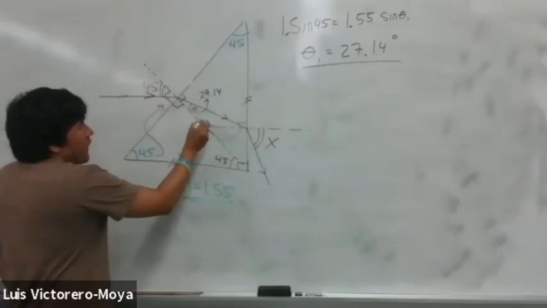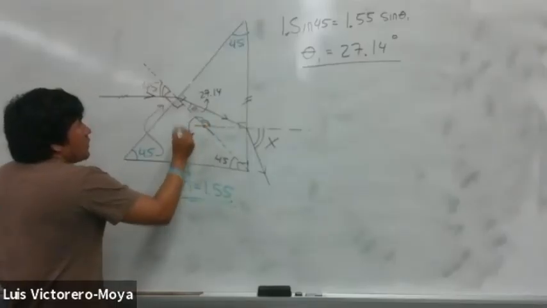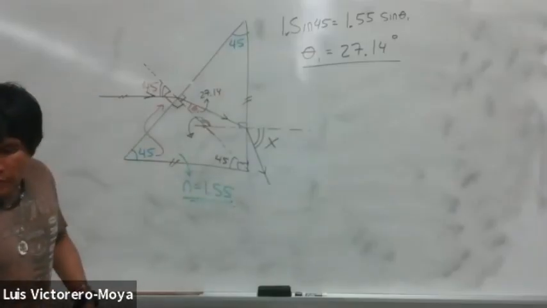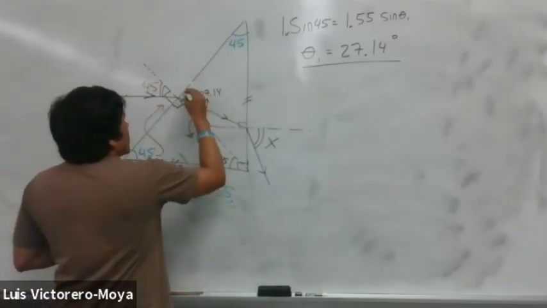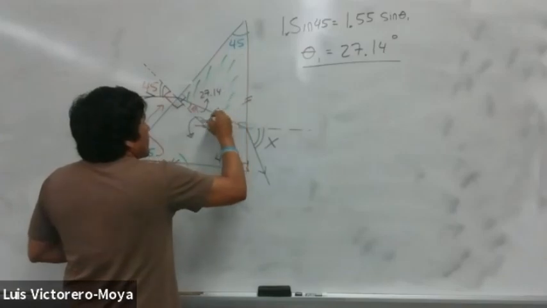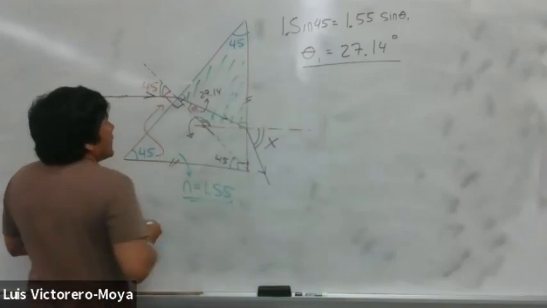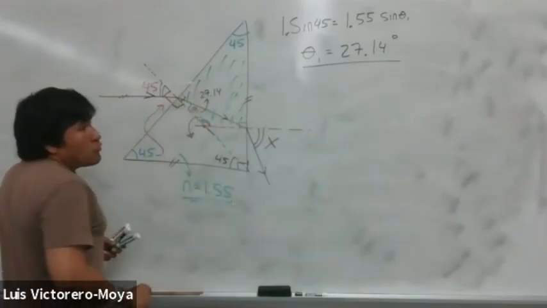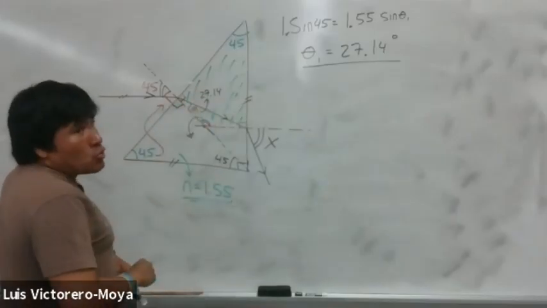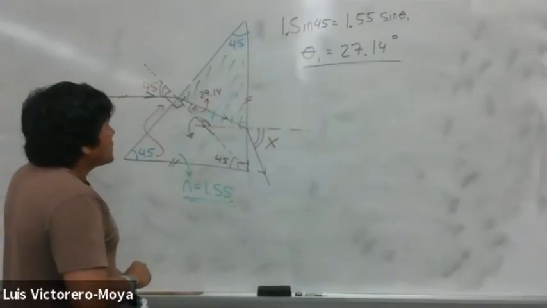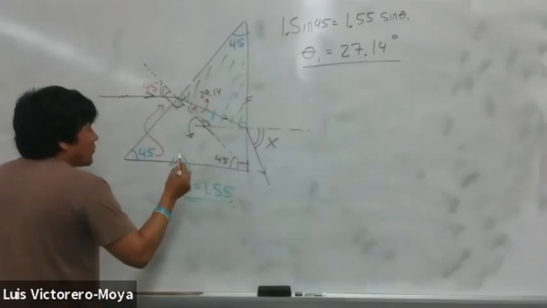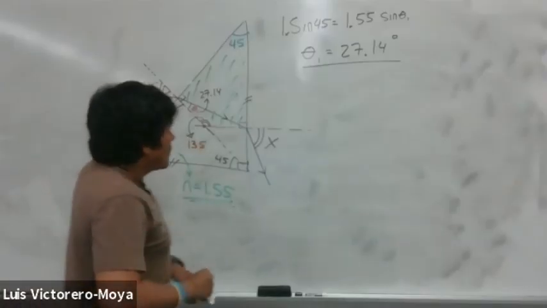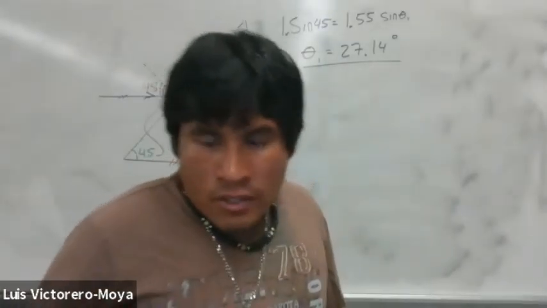The obtuse angle there, in this quadrilateral here, all that is 360. 90 and 90 is 180, plus 45 is 225. 360 minus 225 is 135. Let's double check just in case.